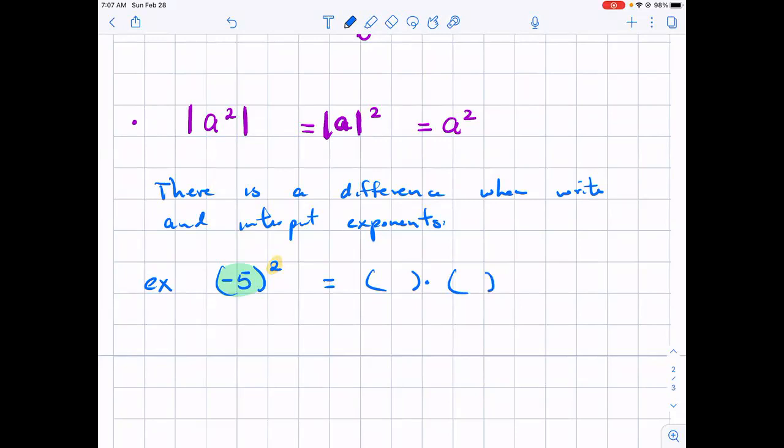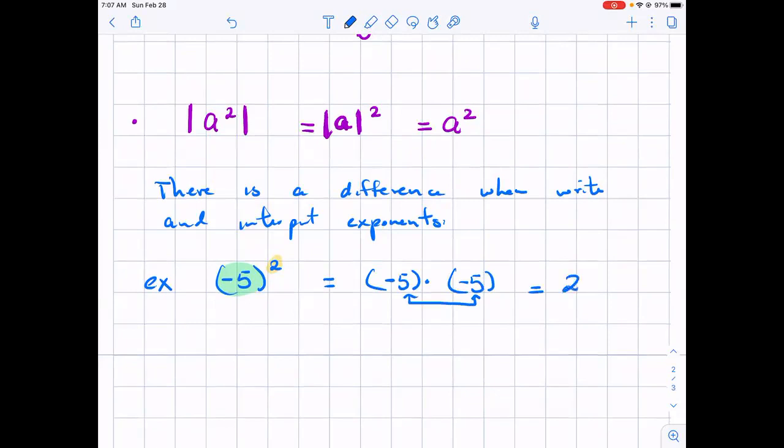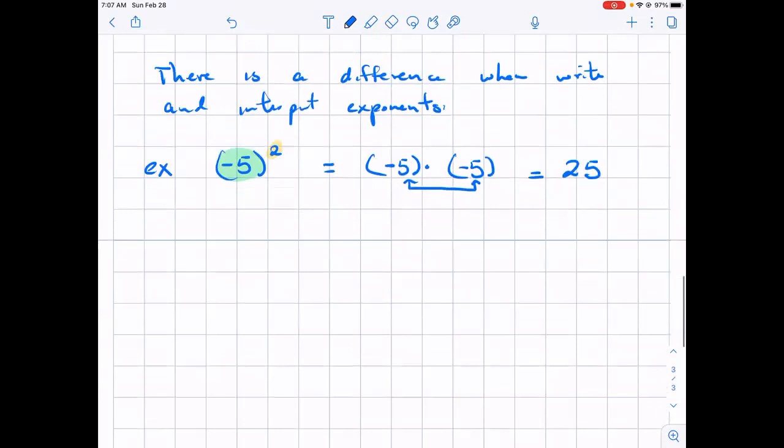And now you fill in what's in the parentheses, which is minus 5. So if you multiply minus 5 times minus 5, this is now equal to positive 25. So here, once again, the base is the parentheses because the parentheses is squared.